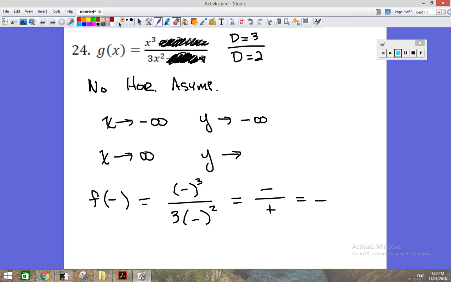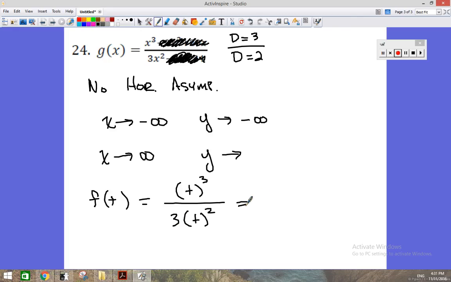Now let's plug in extreme values in the positive sense and see what we get here. In the numerator, we've got some positive value being raised to the third power. In the denominator, we've got some positive value squared times this positive 3.